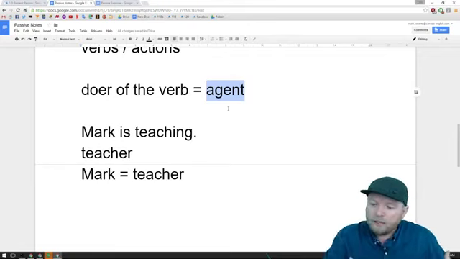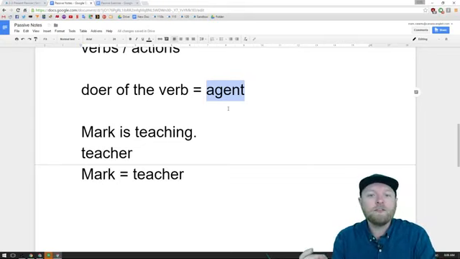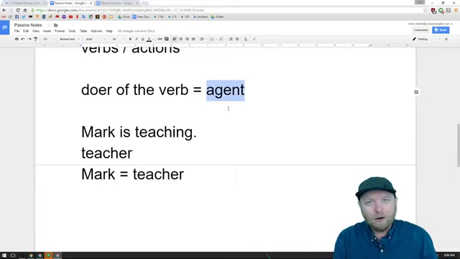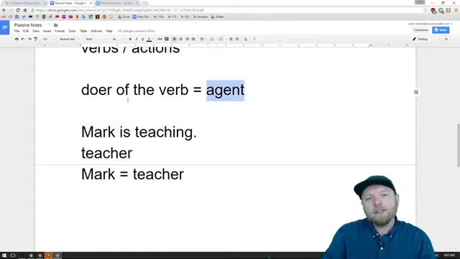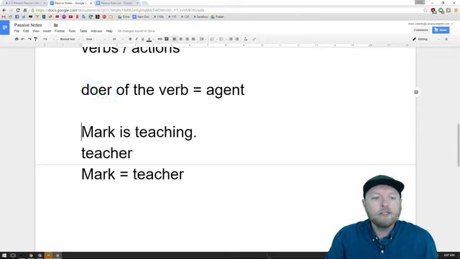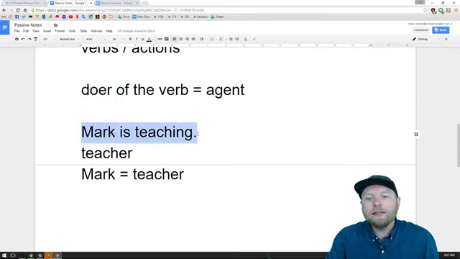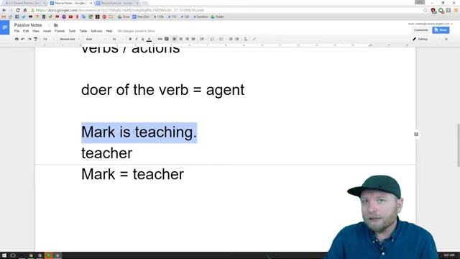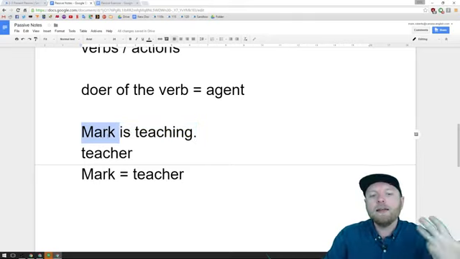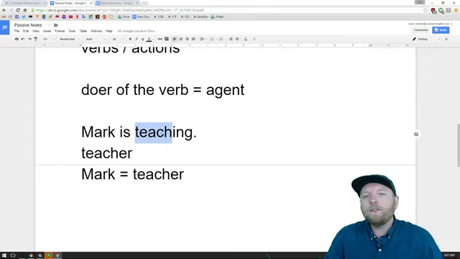So when we talk about the passive voice, I'm not going to say subject, I'm going to say agent, and I will remind you later. The agent is the doer. So here, Mark is the subject, but today we're going to use the word agent. Mark is the agent of the action, teach.